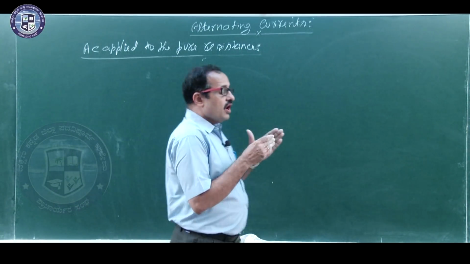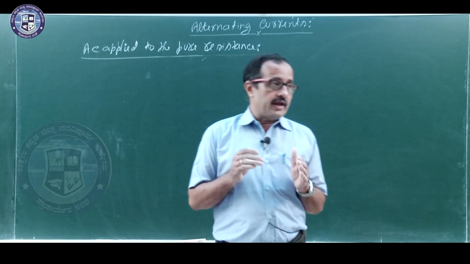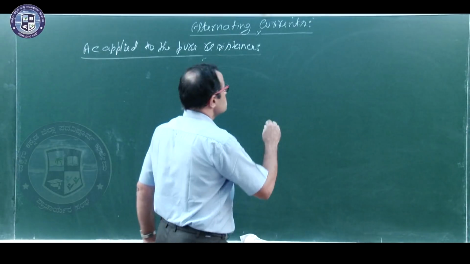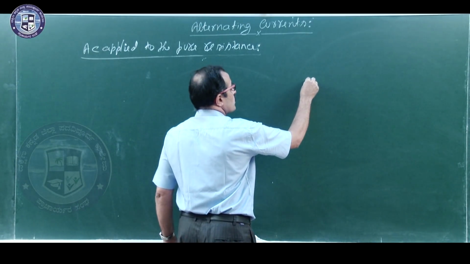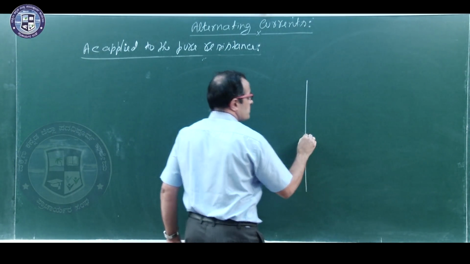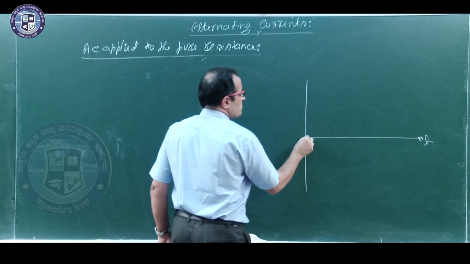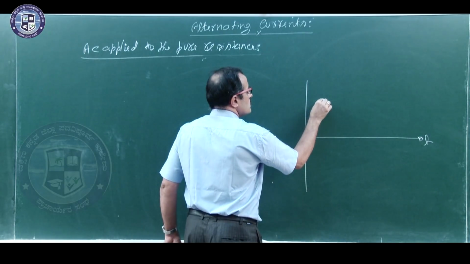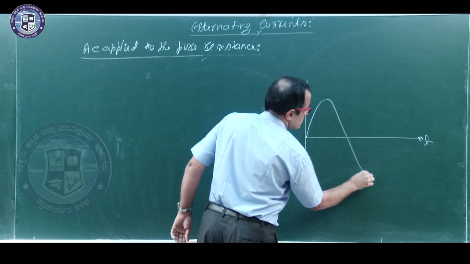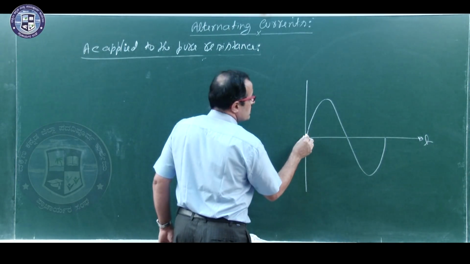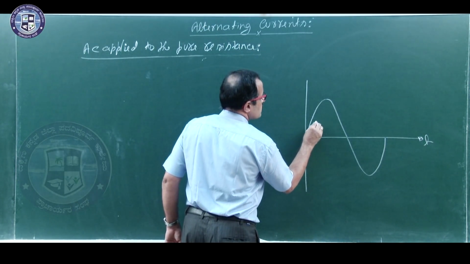Now, how to correlate graph and Phasor diagram for resistance? Okay. So, first of all you plot graph of voltage followed by graph of current.